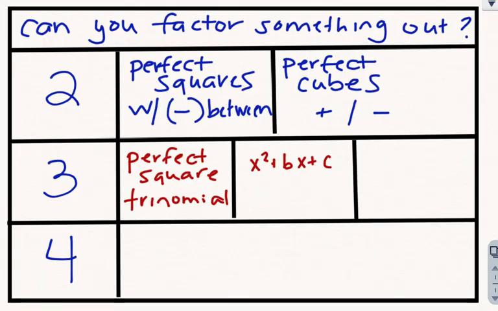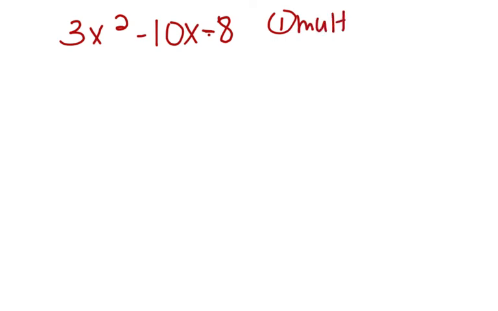Your last option, if there's 3 terms, is if there's a number in front of the x squared term, but they're not perfect squares. So it would look something like this. For this one, you want to multiply the first and last.